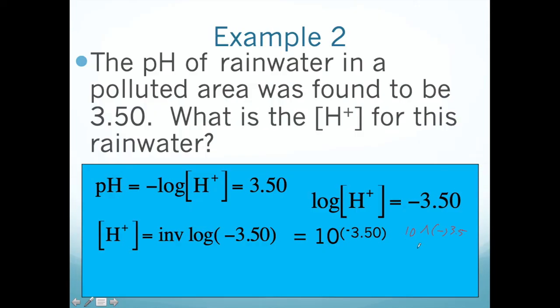They might have something that looks like an XY button like this. So you would hit 10 and then XY and then the rest of this to represent what the Y is, and that would also do it. But whichever way you do that, you should get somewhere in the ballpark of 3.16 times 10 to the negative 4 molar.